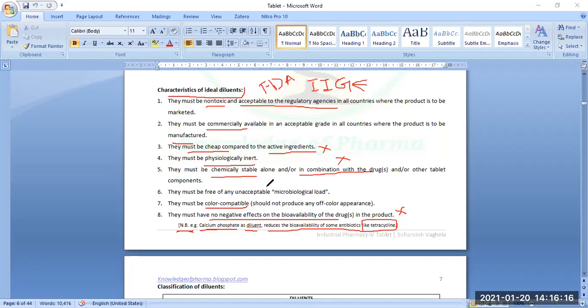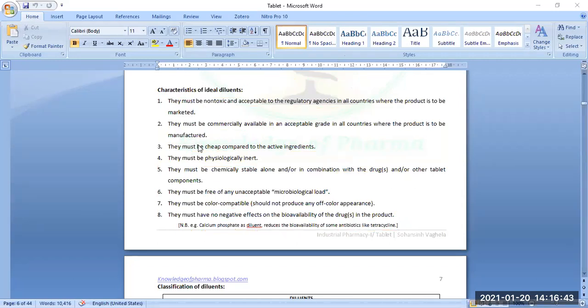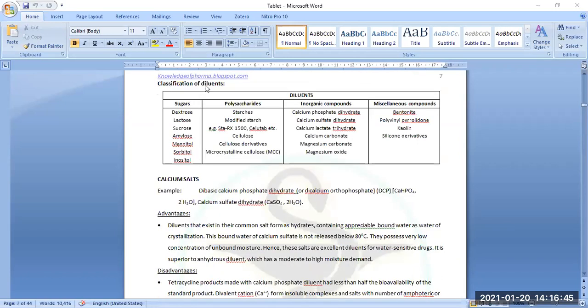For example, lactose is generally used as a diluent, but if your drug has some amino group, lactose reacts with this amino group and that produces a coloring sensation and that degrades the drug. Okay, due to a chemical reaction which is produced between lactose and amino group. So you have to take that into account while you are selecting diluent for the tablet formulation.